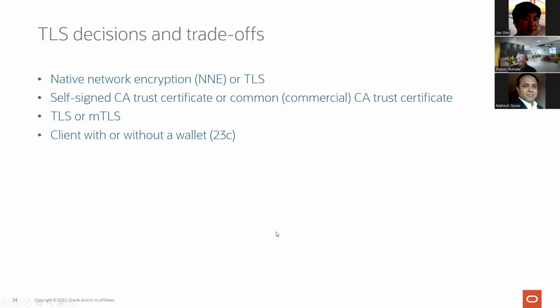So we need to decide which level we want to work on, whether we want to use native Oracle encryption or go with the industry standard. Most of the time, it is not actually our choice. It is what our organization policy dictates, right?